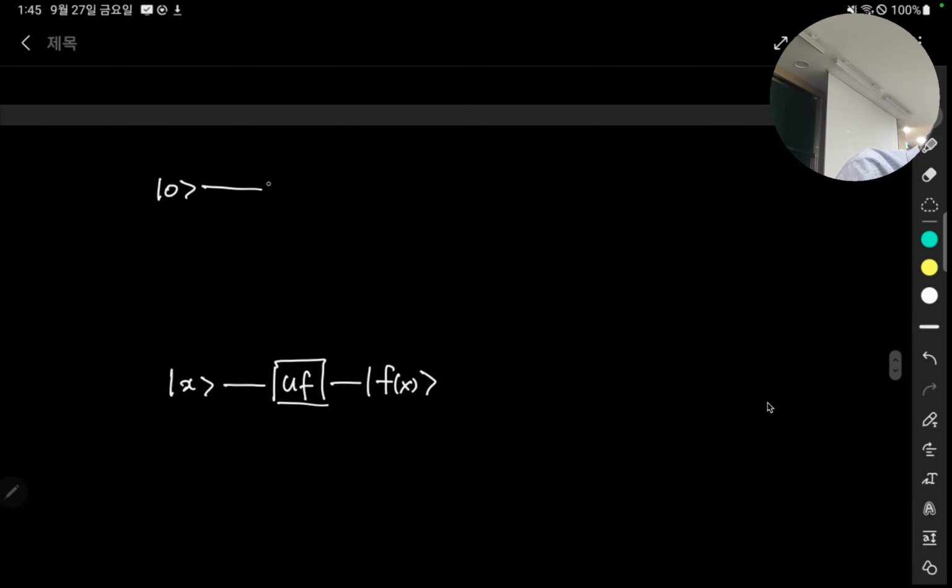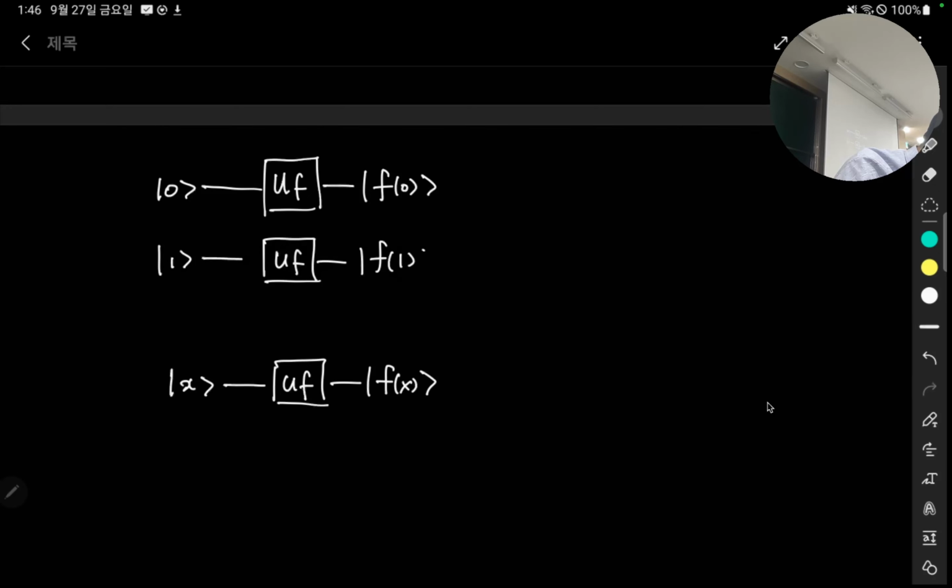UF를 거치면 F0가 나올 거 아니에요? 내가 F0랑 F1이 뭔지를 알고 싶으면 이걸 2번 하면 되죠. 근데 이건 클래시컬한 거랑 똑같은 상황이고, 나는 좀 더 중첩의 원리를 사용하고 싶어서 하다마드를 거쳤어요.